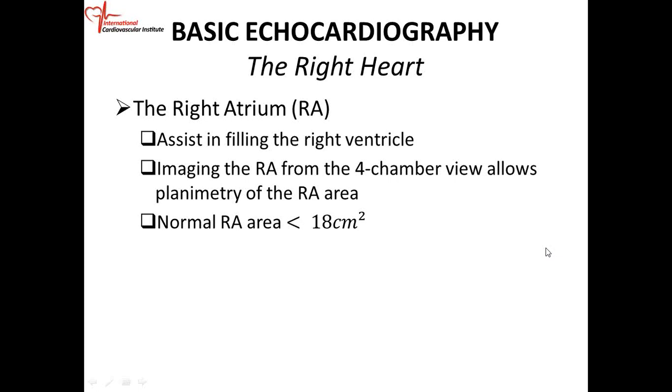If you want to look at the right atrium, it's best to use the four-chamber view, and you can do planimetry and get the right atrial area. The right atrium is enlarged if the area is greater than 18 centimeters squared. So the right atrium in terms of area should be less than 18 centimeters squared.